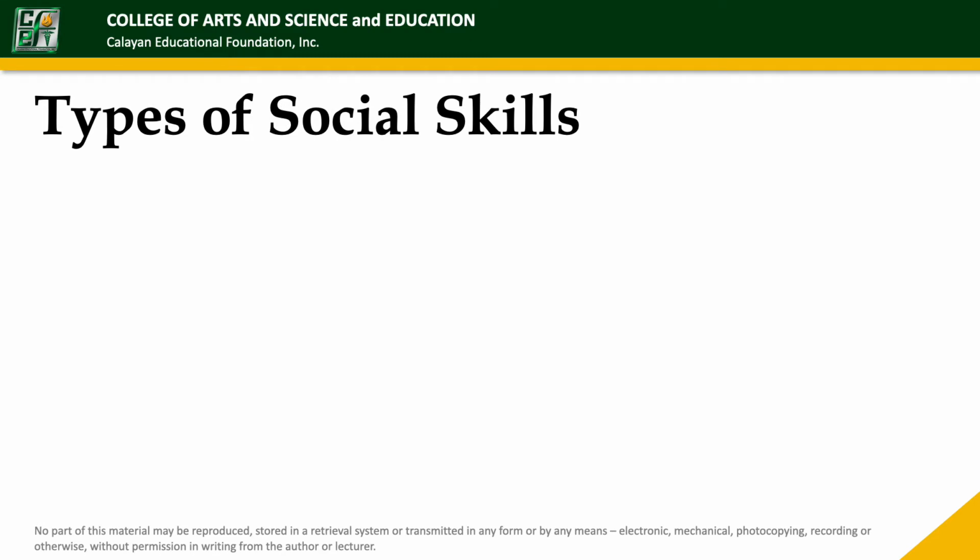So, these are the types of social skills that teachers can demonstrate among students to attain a harmonious relationship with them. Kung estudyante ka ngayon, these are the things that you'll be needing in order for you to communicate with your teachers as well as to maintain a harmonious relationship.